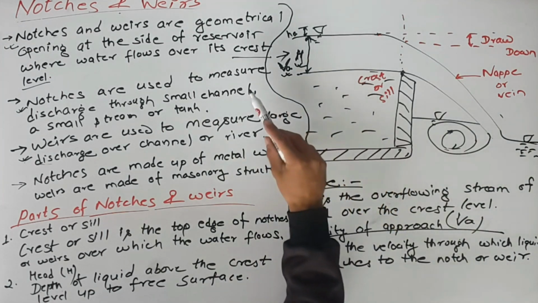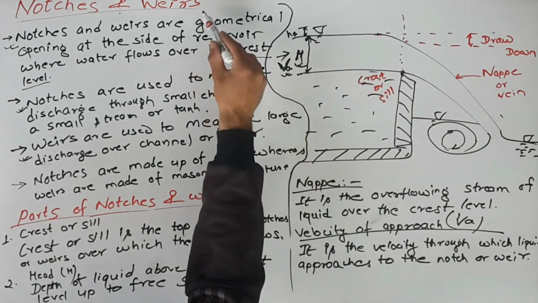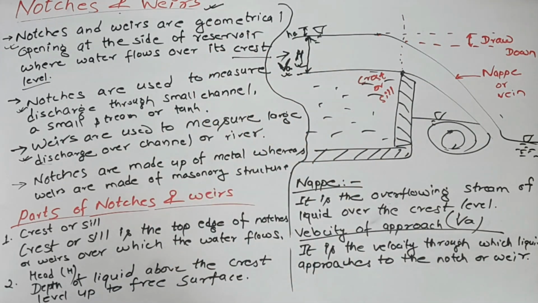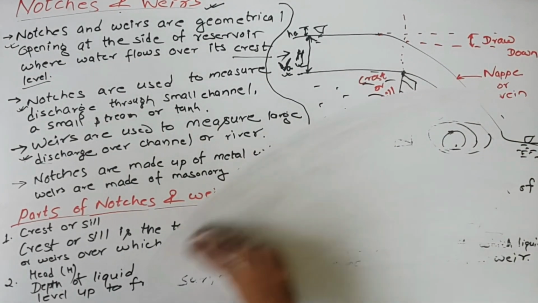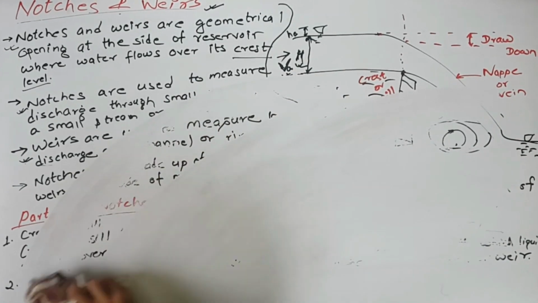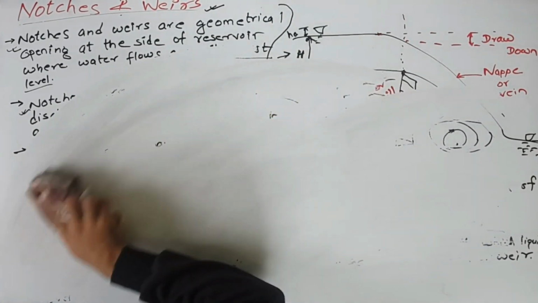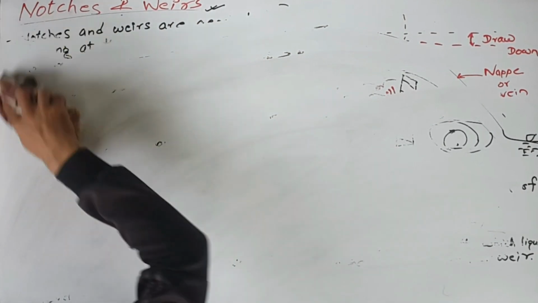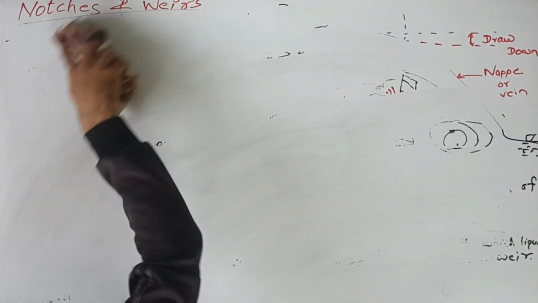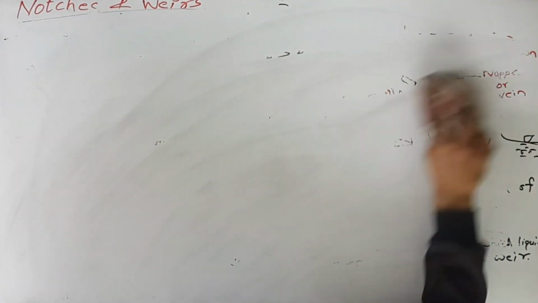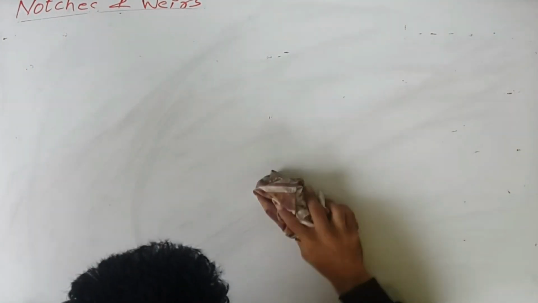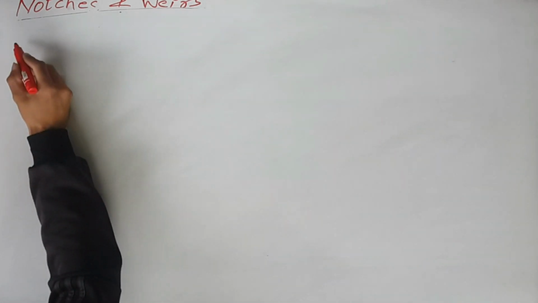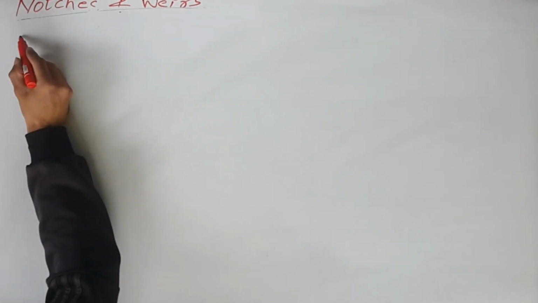Now we go through the classification of notches and weirs.